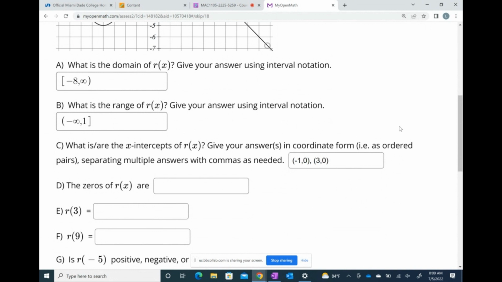This is just another fancy way of asking you for the x-intercept. So basically, the answer here is the same as the one above. Okay? So remember, the zeros of a function, what we are asking is, what should x be so that this is equal to 0? That's another way of saying, give me the x-intercept. Okay? So sometimes you're going to see the zeros of a function, that's the same thing as x-intercept. Okay? Values of x that make the function equal to 0.